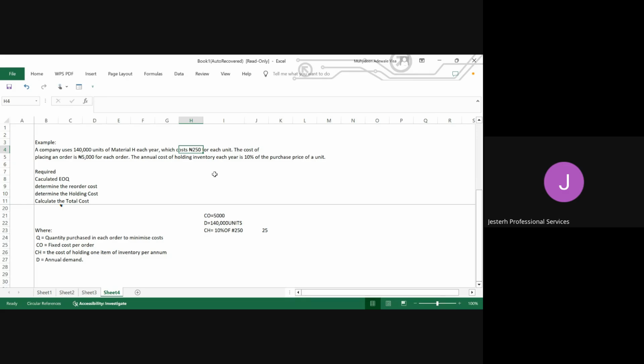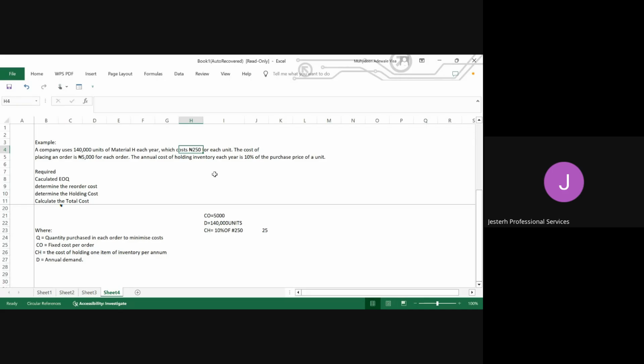It means whenever they are bringing in each unit of material H into the store, they budgeted the holding cost for it at 10% of the purchase price. Even if the purchase price is 300, the 10% is still going to be charged on the 300. But in this case, our purchase price per unit is 250 naira.